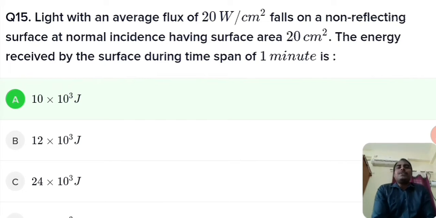Next, 15th problem. Light with an average flux of 20 watt per centimeter square falls on a non-reflecting surface at normal incidence having surface area 20 centimeter square. The energy received by the surface during the time span of 1 minute is.